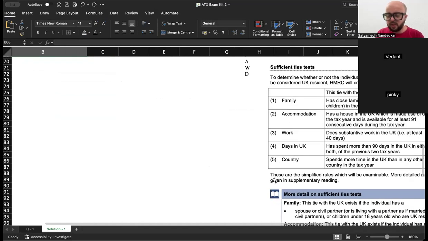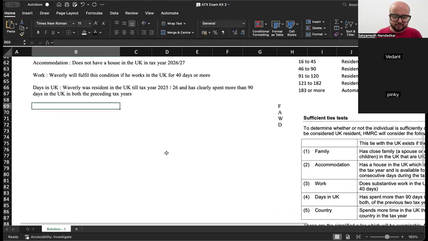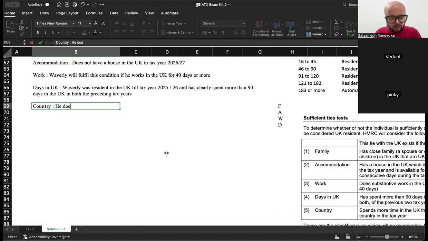Country: spends more time in the UK than in any other country. This clause doesn't get fulfilled. Country. He does not spend more time in the UK as compared to other countries.